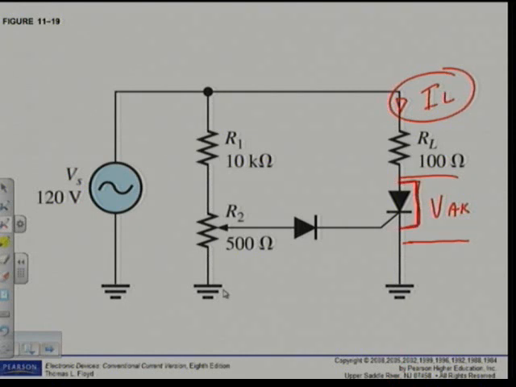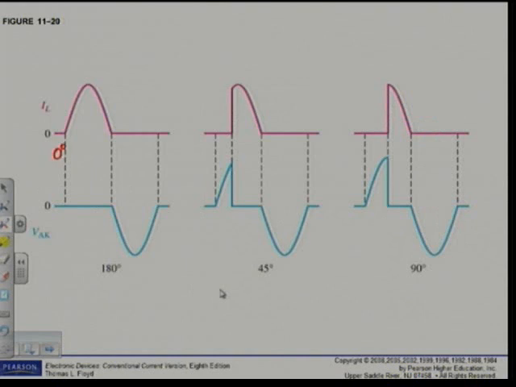That means the volt drop across this SCR when it's conducting is like a closed switch. The volt drop is going to be equal to 0 volts. That's why the volt drop across the SCR for that duration of time is 0 volts because it's like a closed switch.